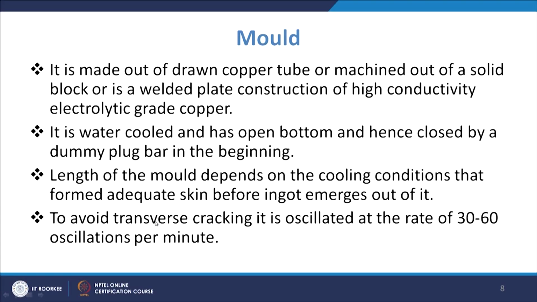Also, to avoid transverse cracking, it is oscillated at the rate of 30 to 60 oscillations per minute. We have already seen that you are giving that oscillation for certain regions, you are giving the negative strip.